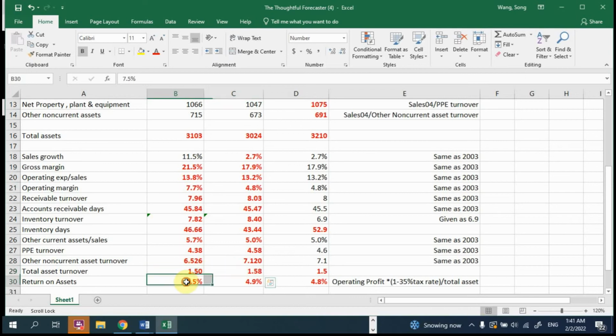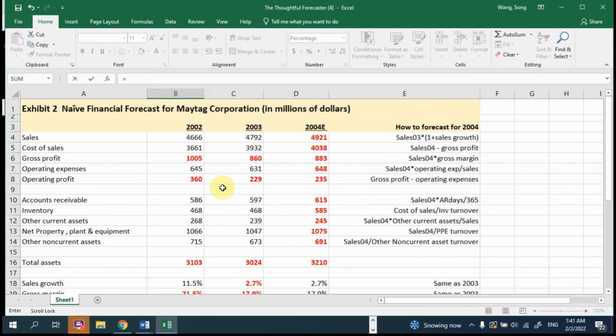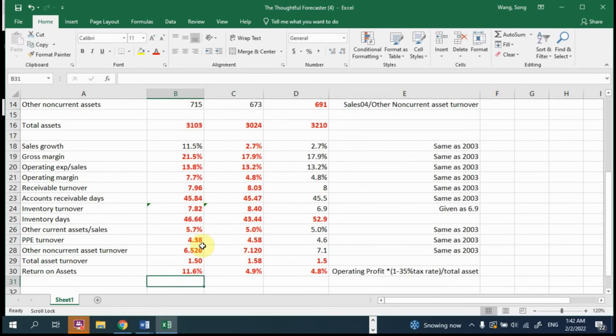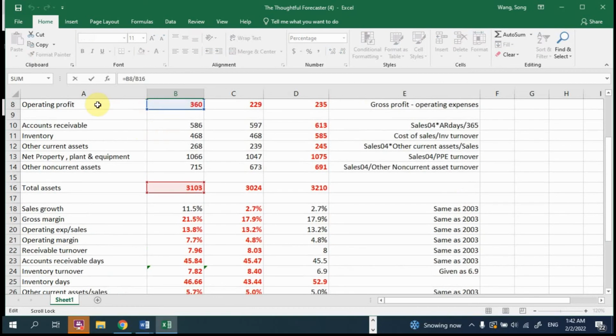Okay. And for return on assets, we're going to use the net profit divided by your total assets. Well, the number here is not quite good because I have not considered the fact that we need to think about the taxes. Right here, what I used is operating profit. Should I use that? Yes.